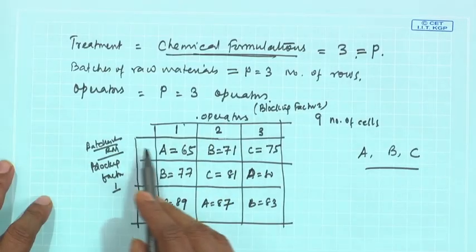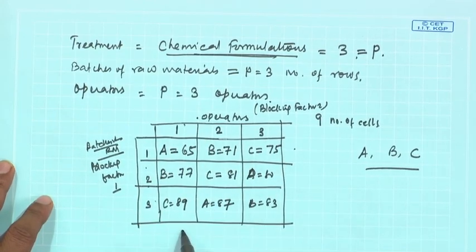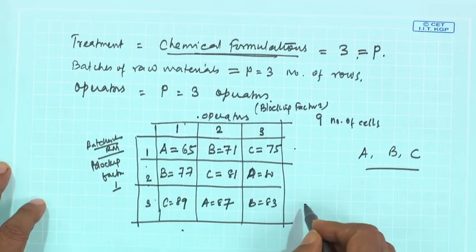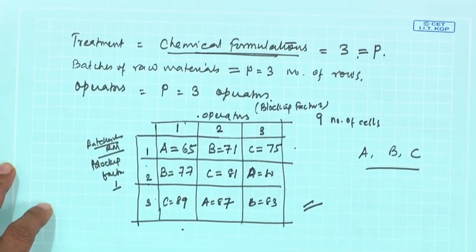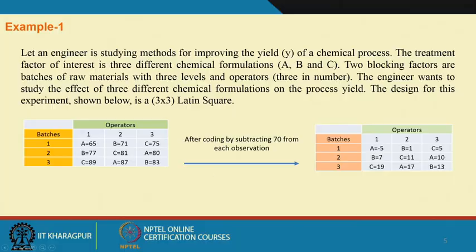Here you see in each row every treatment occurs once, in each column every treatment occurs once, and it is a square, and it is a Latin square. So, for the example we have shown here, it is a fit case for a Latin square.